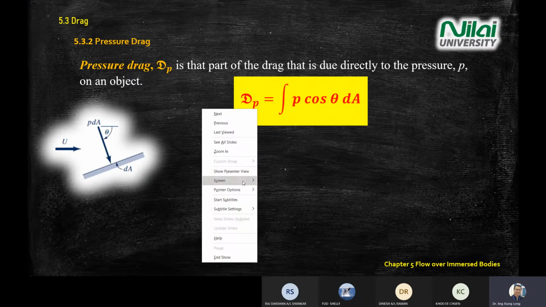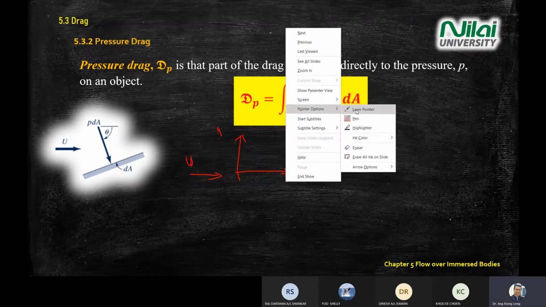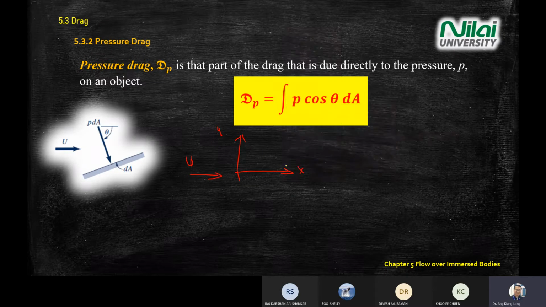So again, what is drag? Drag, you look at the X and Y axis. And if the velocity is along the x-axis, and you want to derive the force in lift and drag, if the force is parallel to the velocity, it becomes drag.